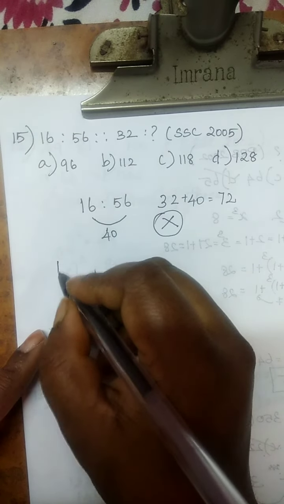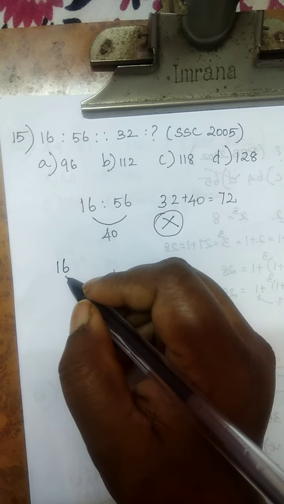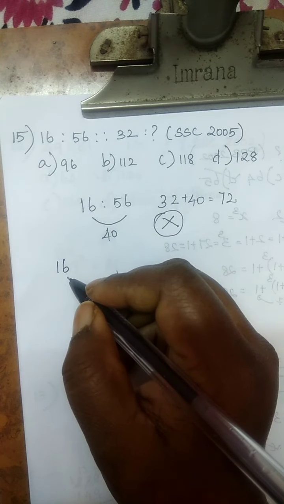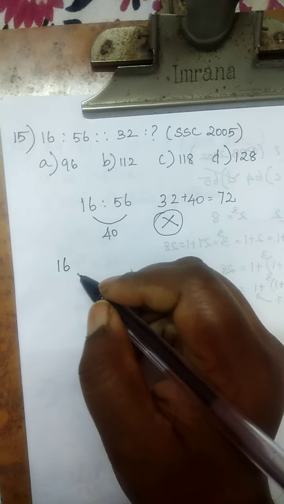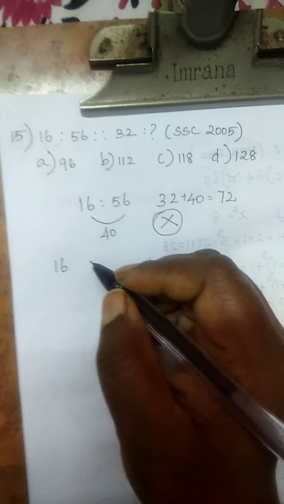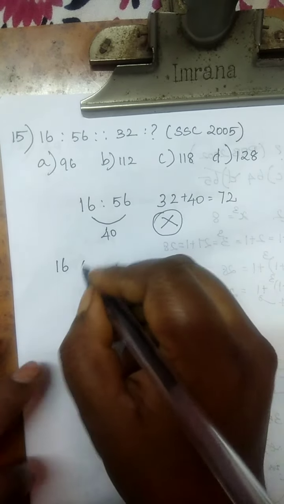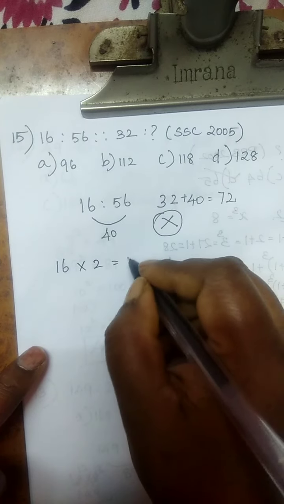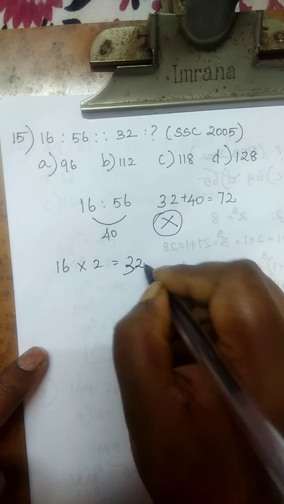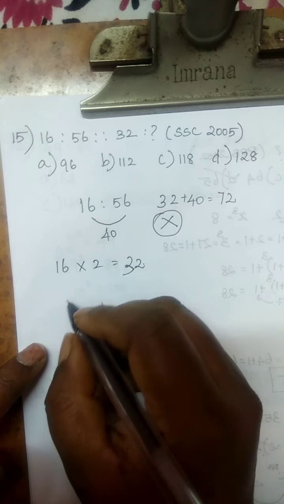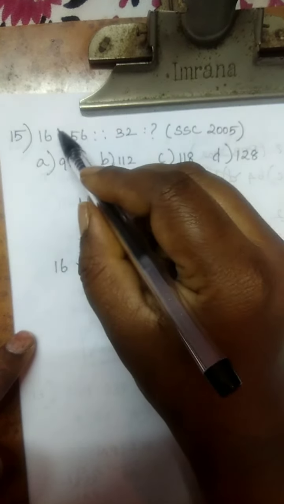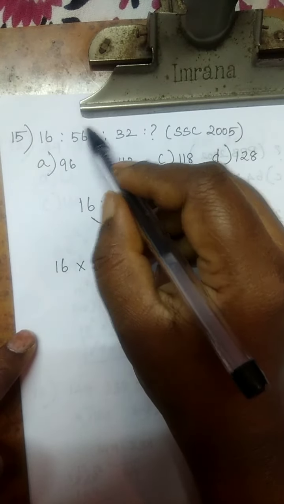So now take the number 16. 16 into 2s are 32. Am I right? See here, this sum is somewhat different from other sums.